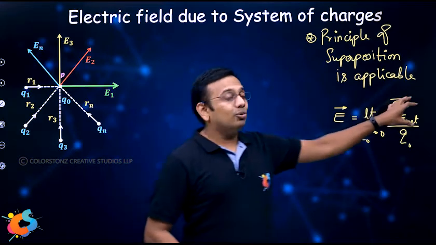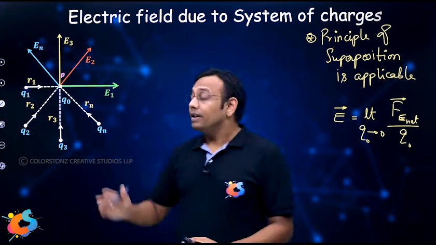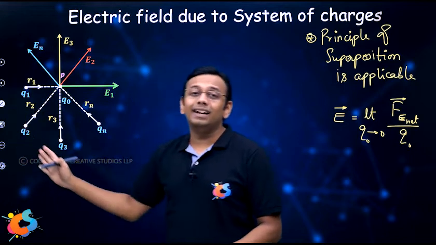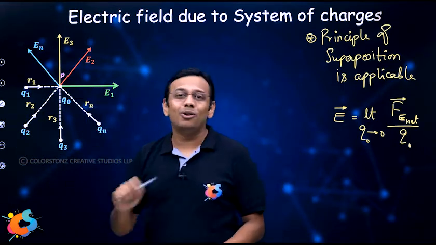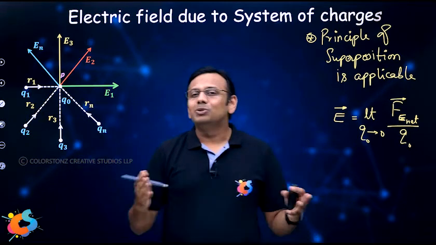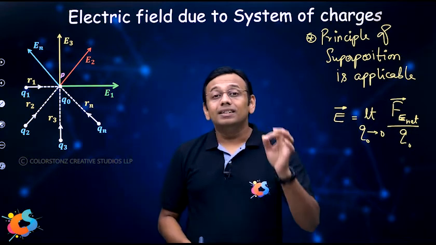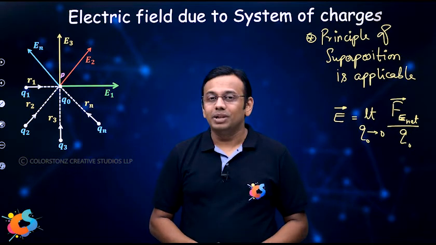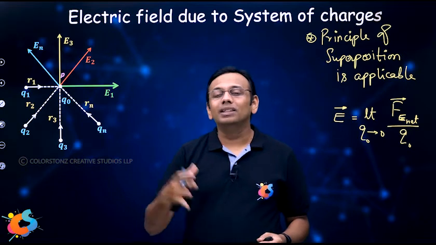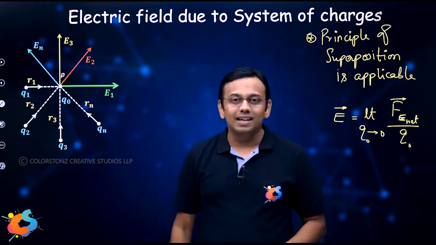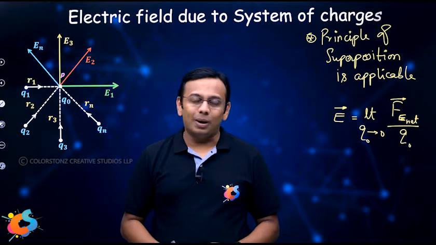And this net electrostatic force is nothing but the sum total of all the electrostatic forces acting on this individual charge. So what we get is simply that the net electric field is the vector sum of all the individual electric fields. And that is the concept which we want to apply.